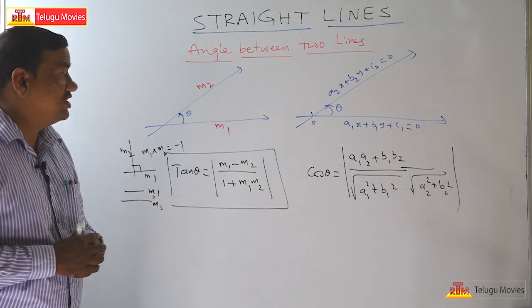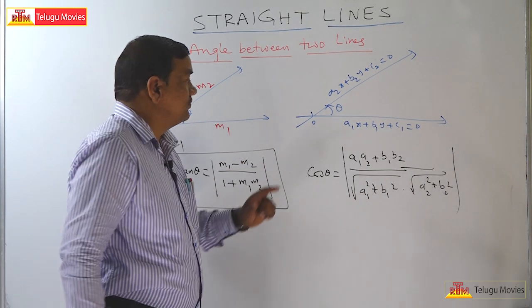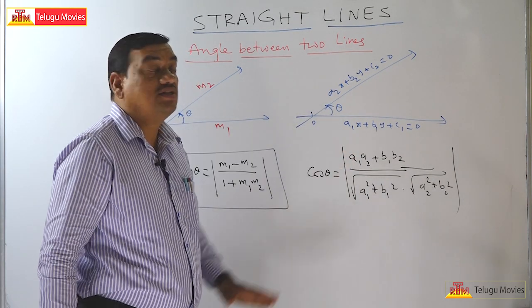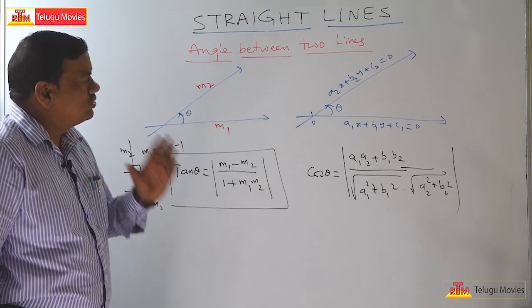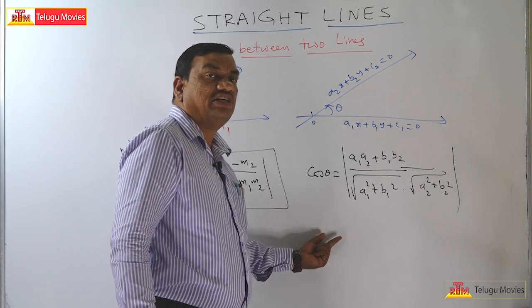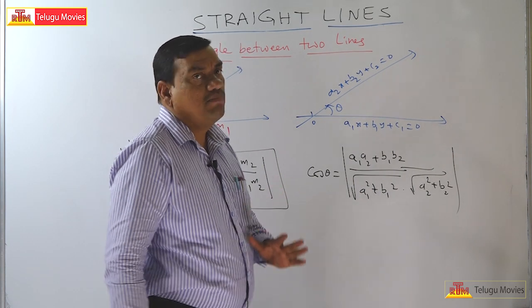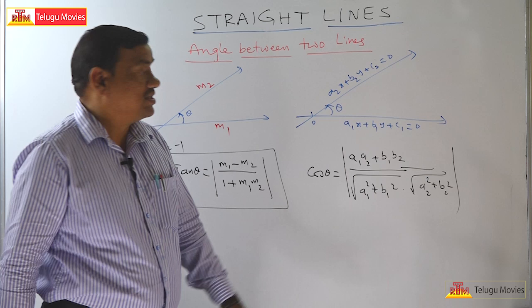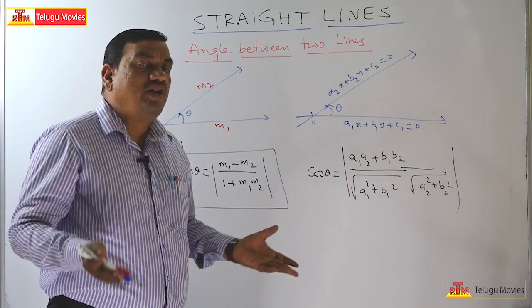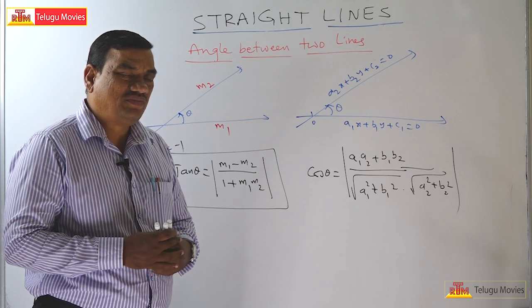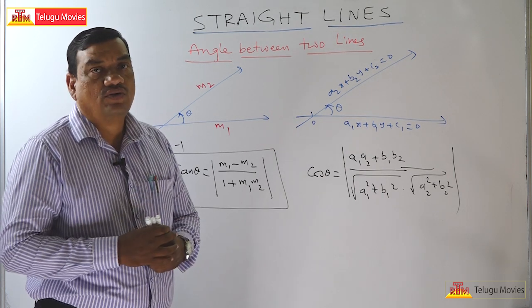Now, this is the formula: if theta is the angle between these two lines, then cos theta is given by this. In your textbooks, sin theta is there, tan theta is there. Better don't learn those formulas, because too many formulas will make you confused.